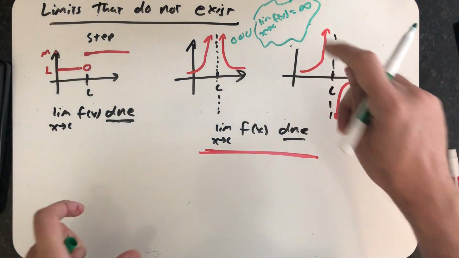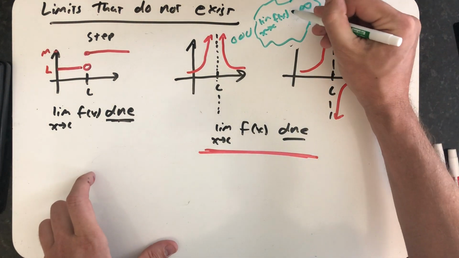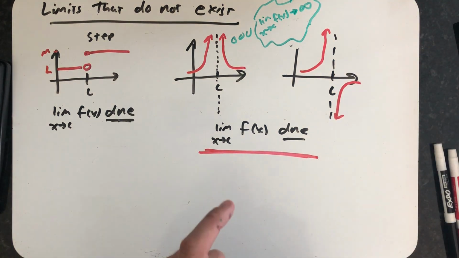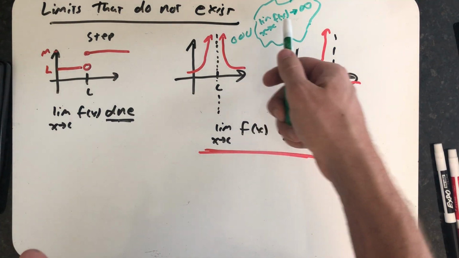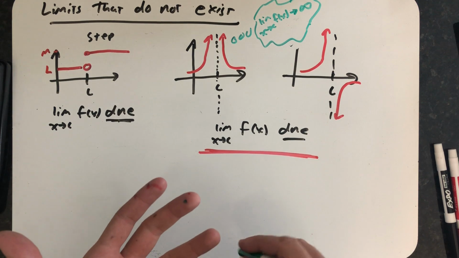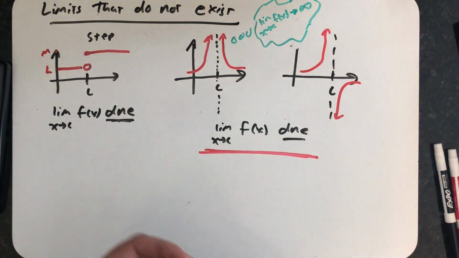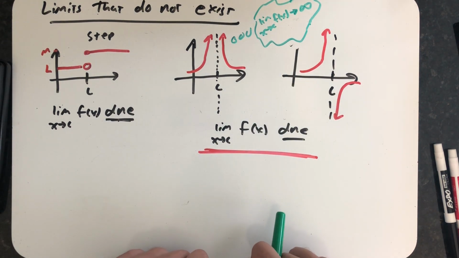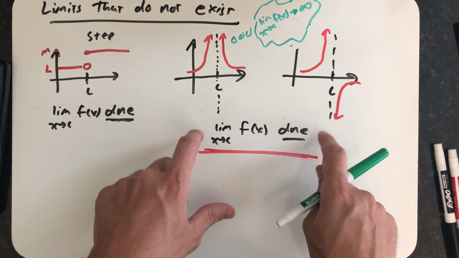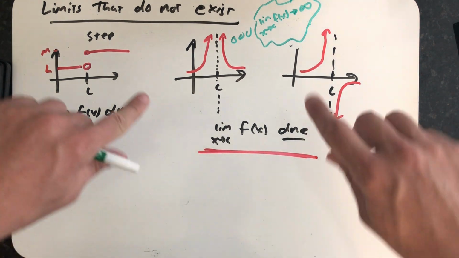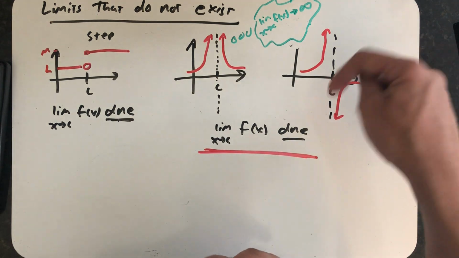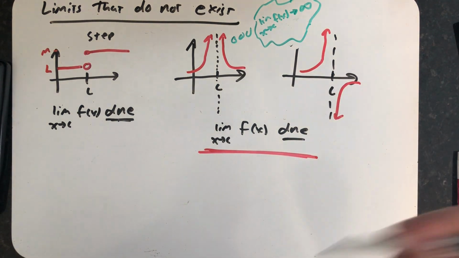I wish we had put an arrow there, because infinity is not a number. That shouldn't really be an equal sign. The y values are approaching infinity. They're growing without bound. We will write that later in the class when we study the material in section 2.6. For right now, we'll just say this does not exist because my y values are either growing without bound or falling without bound.